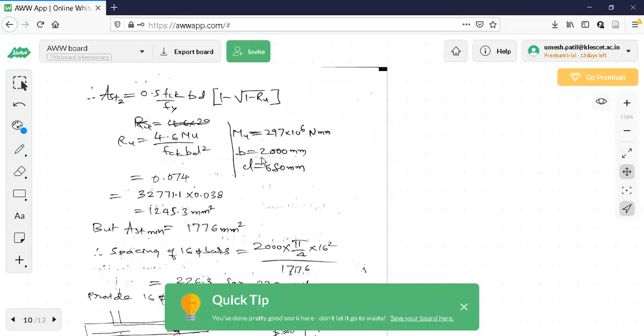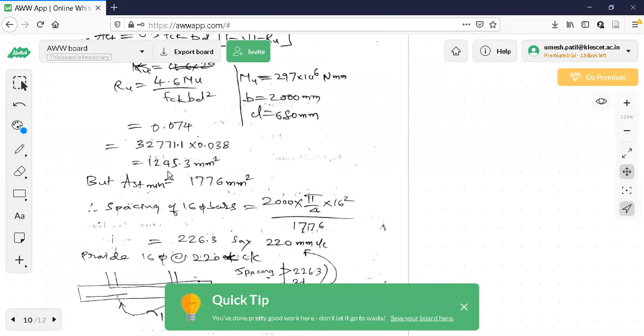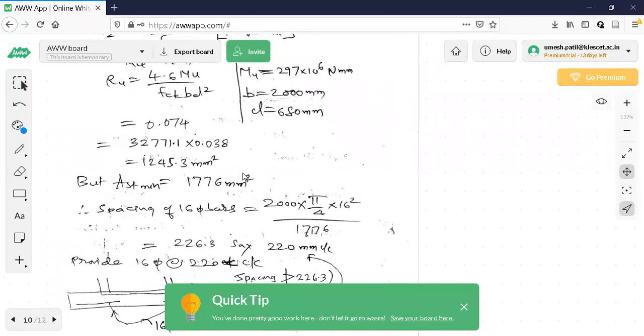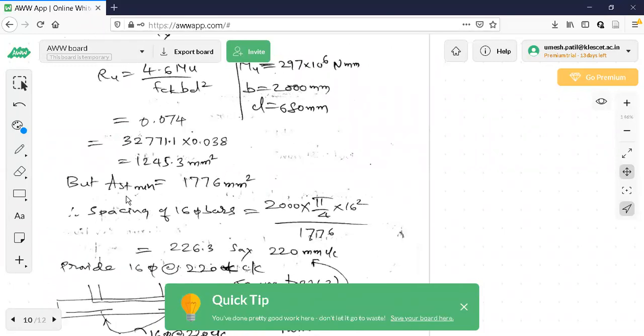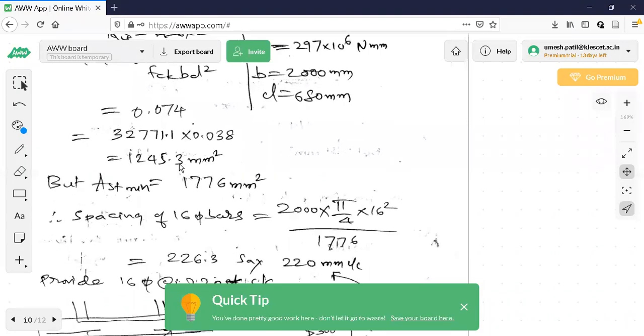Again observe here, B is 2000, D is 680. These values are same. Again calculate 1, 2, 4, 5.3. But AST minimum, as calculated in the previous step, is 1776. Now when you compare these two, you will find that the minimum is more than what your bending moment is giving. Just observe this.